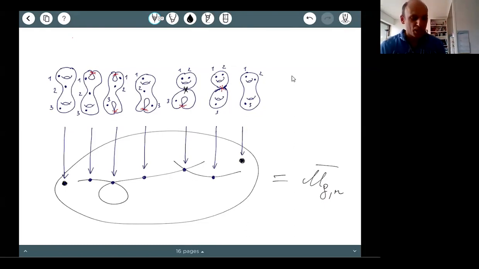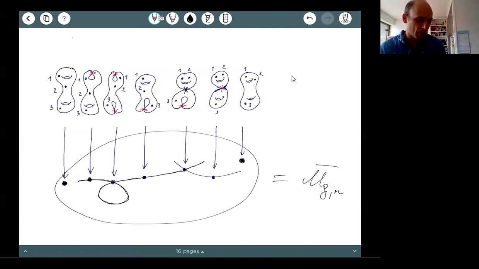And then inside M_{g,n} bar, there is a normal crossing divisor. There is one distinguished component, this one, that corresponds to curves with non-separating nodes. If you choose a point here, the corresponding curve has a non-separating node. If you normalize the node, the curve stays connected. Same thing here.